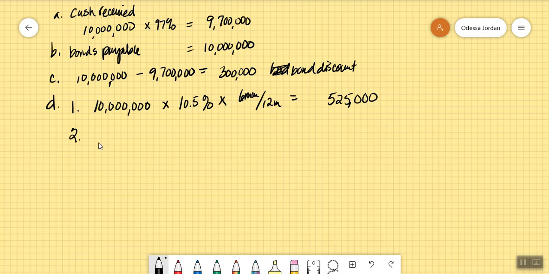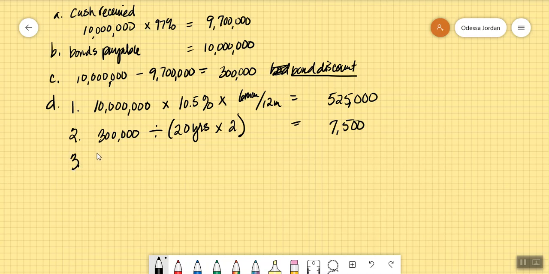So then number two, we want to amortize or spread out that payment over the life of the bond. Remember, the life of the bond is 20 years. So 300,000, and that's what we're talking about, the amortization of the bond discount, divided by the 20 years, and the payments will be paid twice a year. And so that's $7,500 every 6 months for the next 20 years.